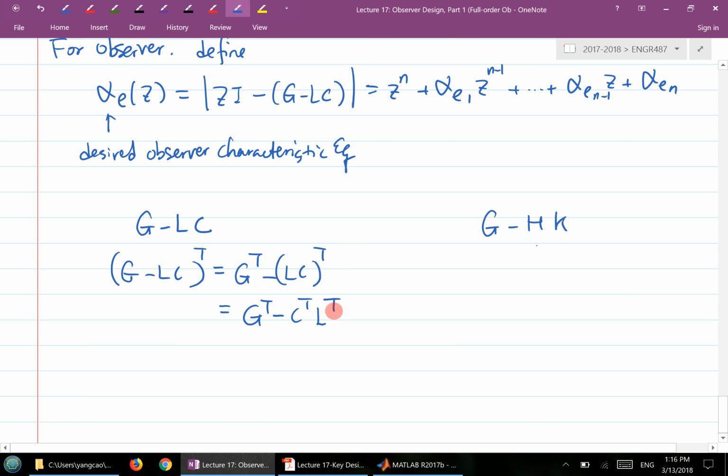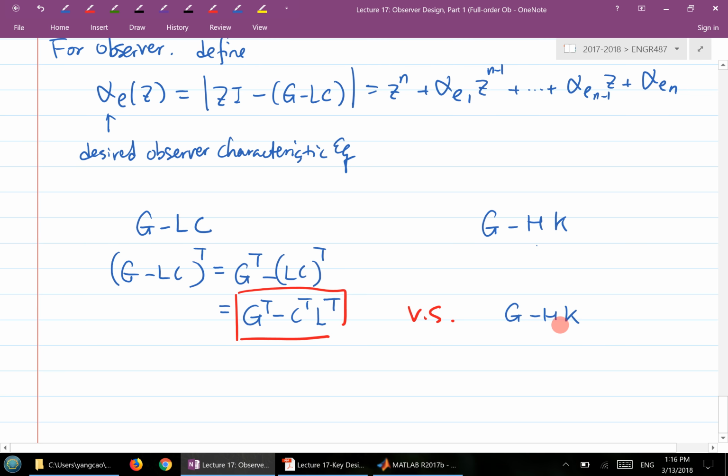So now I can compare these two. You see the design parameter is the same as this design parameter. It's all on the left side of this C, and this is on the left side of H here.